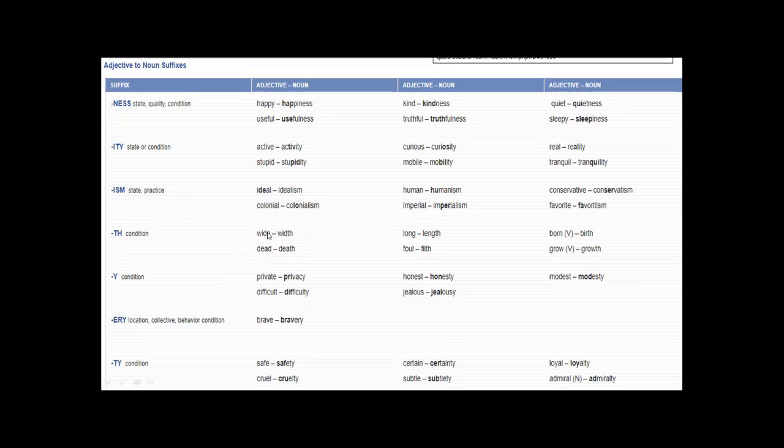TH, although it is not a regular noun, but from wide we have width, from long we have length. The Y added at the end to give a noun which describes a condition, like honest, honesty, modest, modesty.